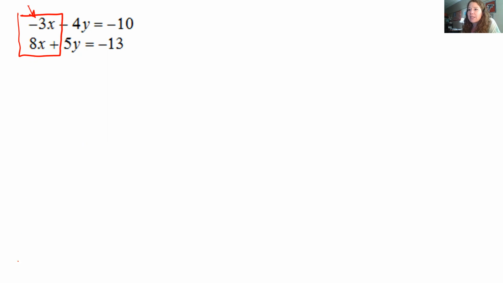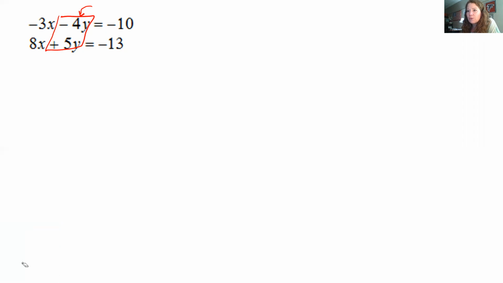So that's a choice. Let's look at our second choice. Let's look at -4 and 5. The least common multiple of these two numbers is 20, right? So I can make both of these equal to -20y and +20y. And to do that, I would have to multiply both equations by a different number.